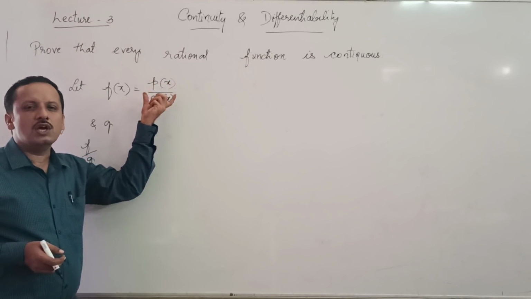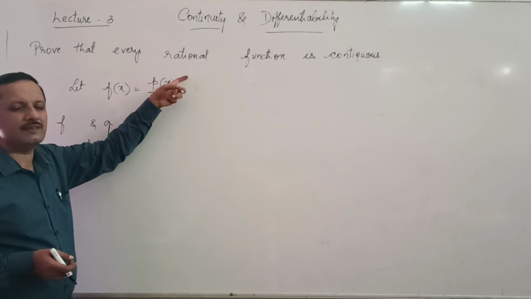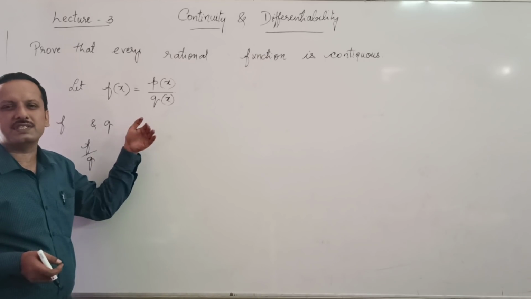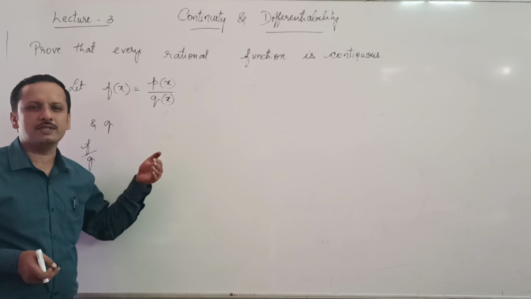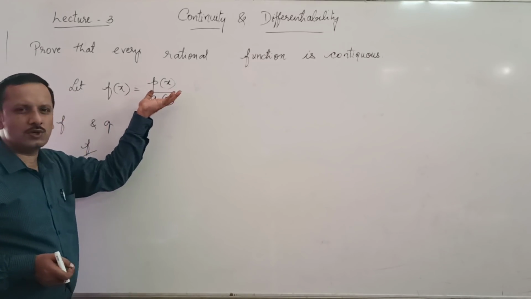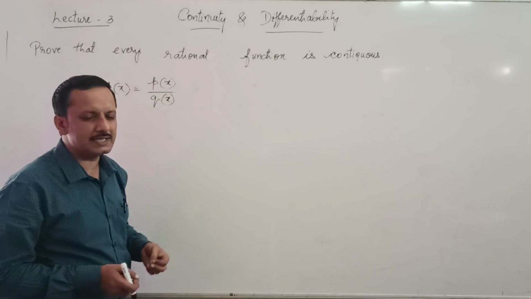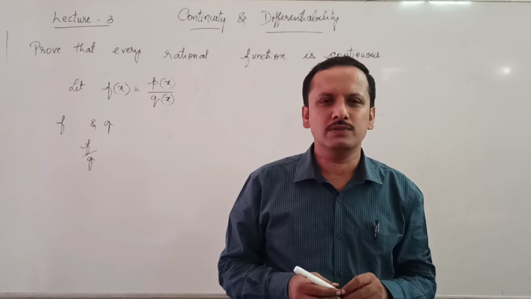Q is continuous because it is a polynomial function. When f is continuous and g is continuous, then f by g is also continuous, where g is not equal to 0. So here also p of x by q of x is a continuous function provided q of x is not equal to 0.